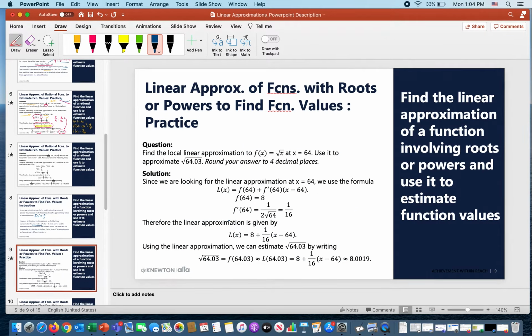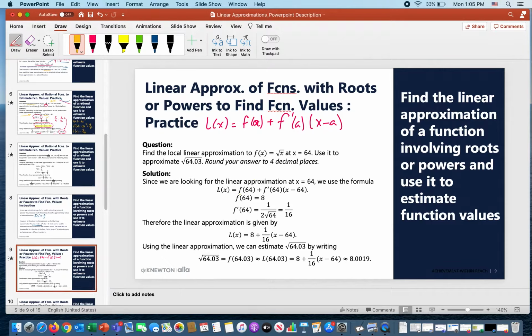Here we have f of x equal to the square root of x. I'm still going to use that general rule: L of x equals f of a plus f prime of a times x minus a. So we're going to follow this rule when we do our linearization.